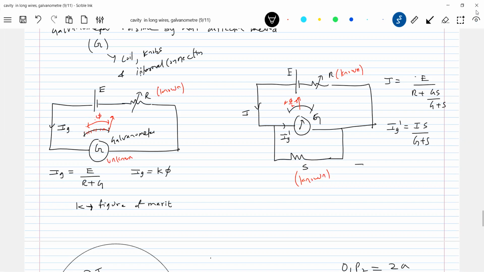Ig dash is equal to E by R plus GS by G plus S, into S by G plus S. The G plus gets cancelled. So Ig dash is equal to ES by RG plus RS plus GS.